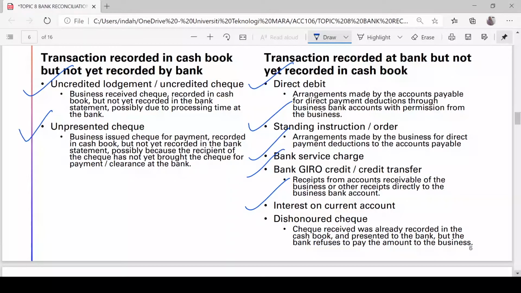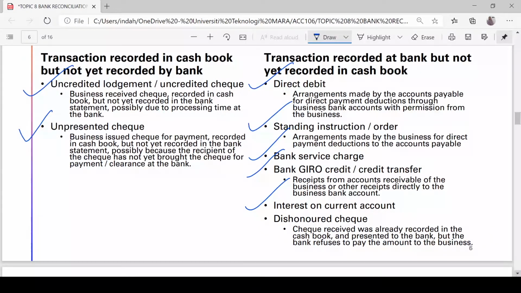But when the bank processes it, within that three days processing time, the other bank refuses to pay the amount to the business. This is what we call a dishonored check, or check tendang.